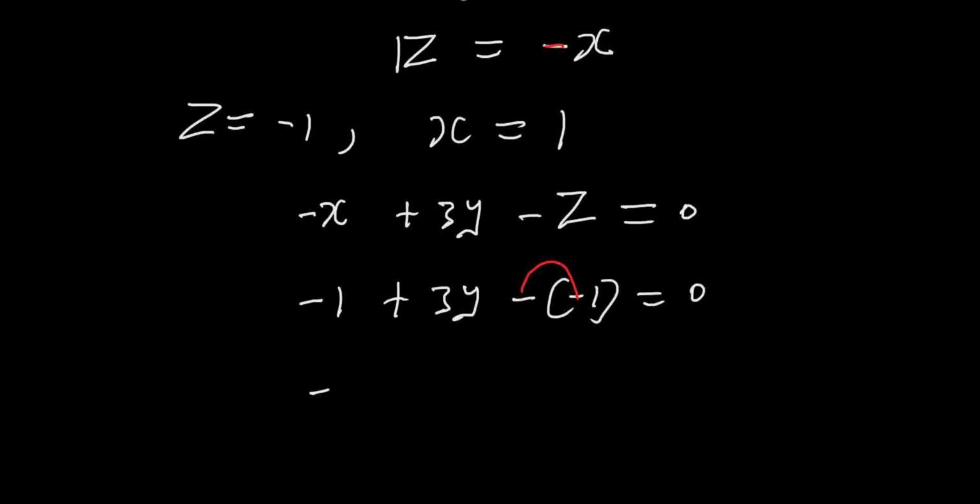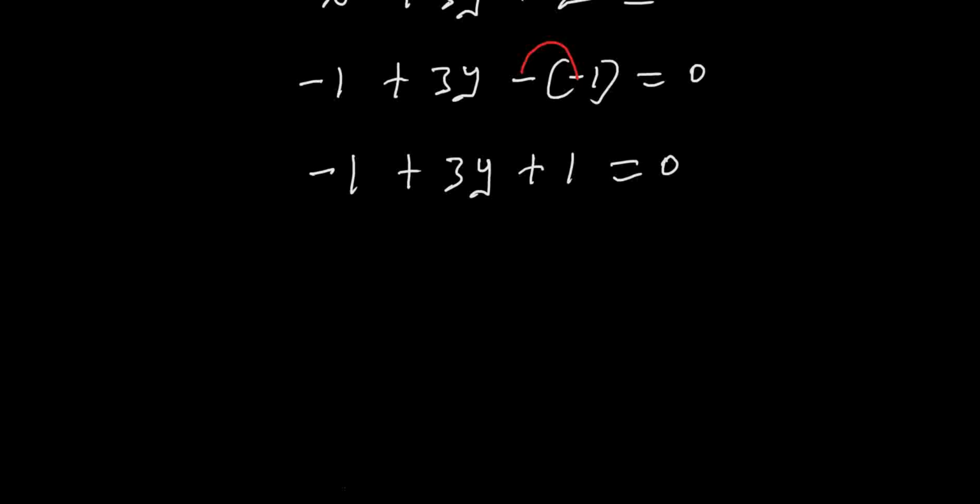So this will become negative 1 plus 3y plus 1 equals 0. Now if we combine negative 1 and positive 1, automatically this will give us 0.